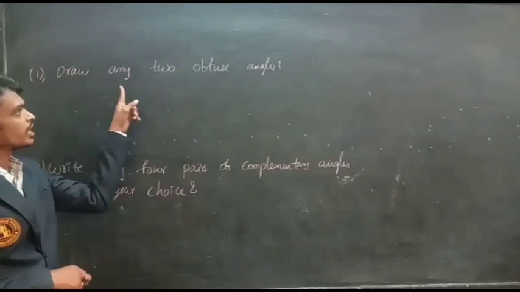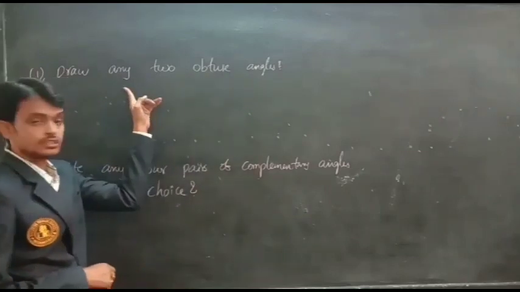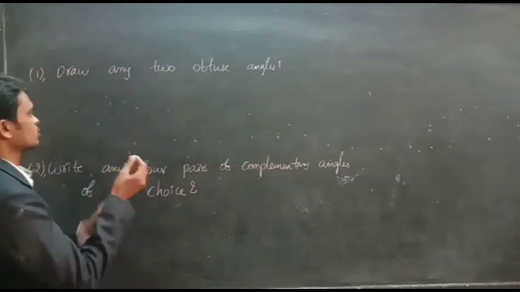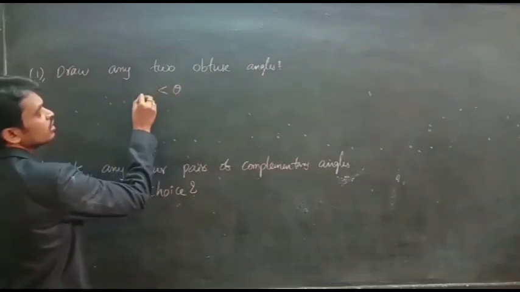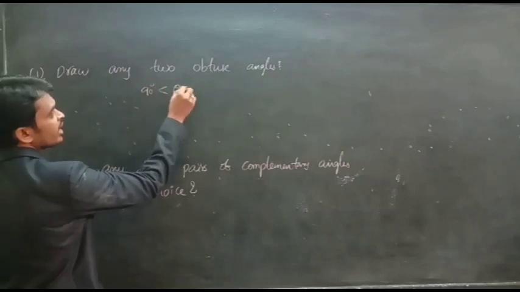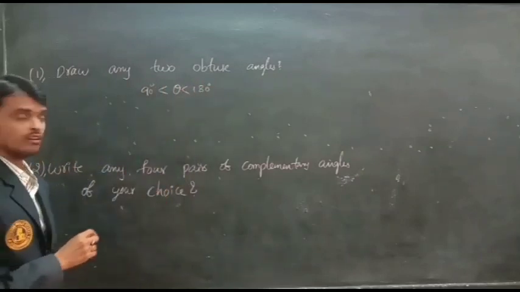Draw any 2 obtuse angles. An obtuse angle is nothing but an angle between 90 and 180.